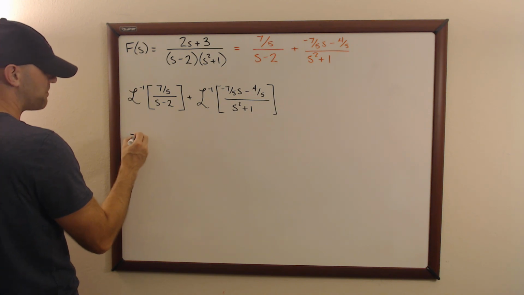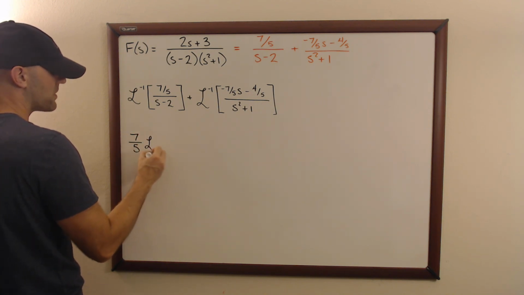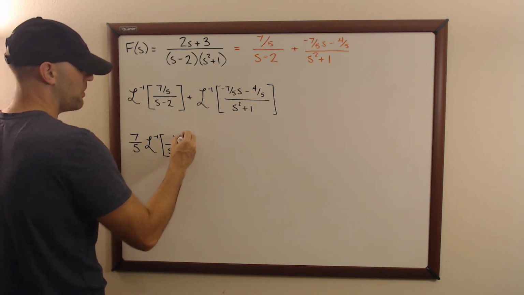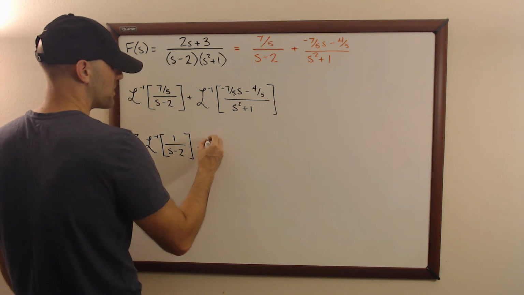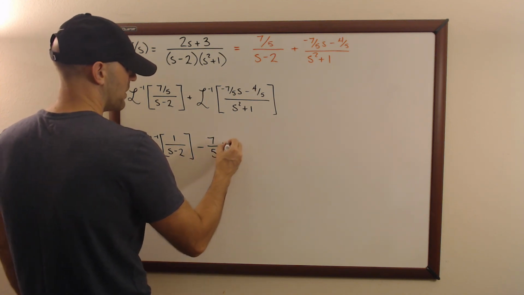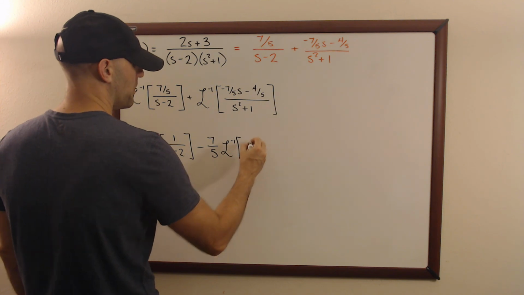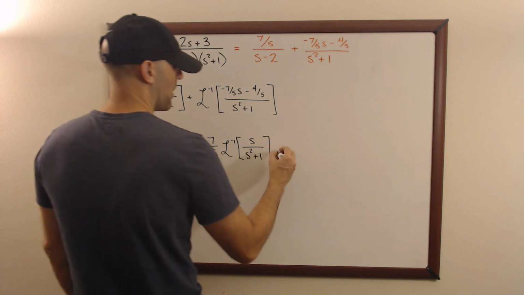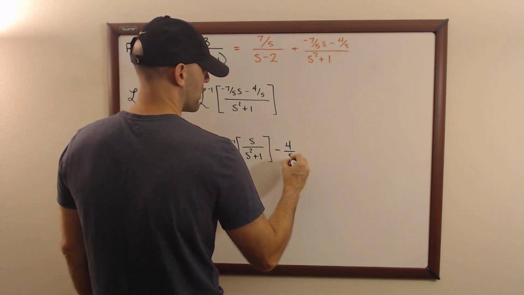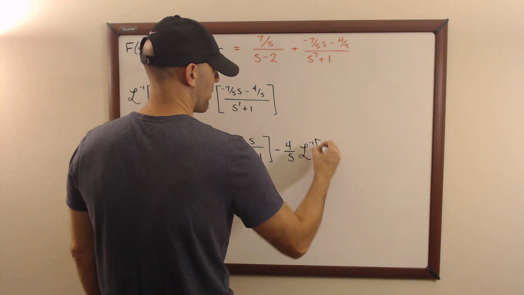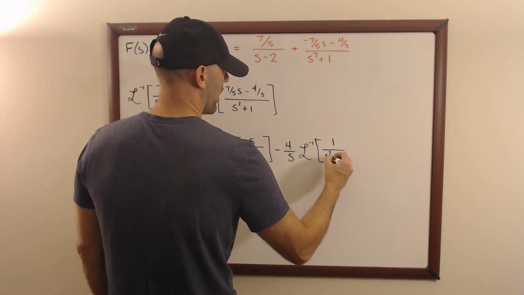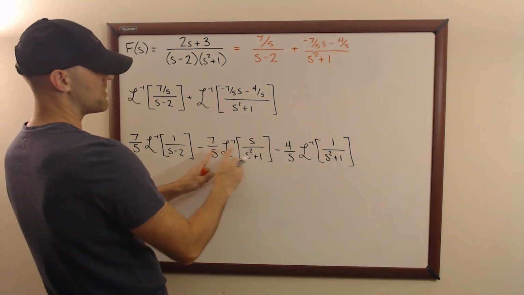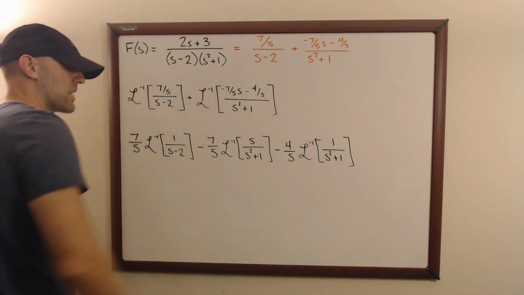It allows me to rewrite these things as 7/5 times the inverse Laplace transform of 1 over s minus 2, very nice, minus 7/5 times the inverse Laplace transform of s over s squared plus 1, again very nice, minus 4/5 times the inverse Laplace transform of 1 over s squared plus 1. Again, multiplying these things back in, I would get negative 7/5 s minus 4/5. That's exactly the numerator I had.